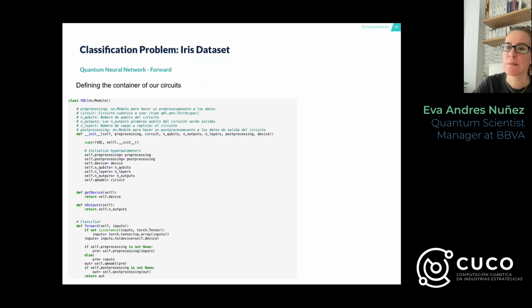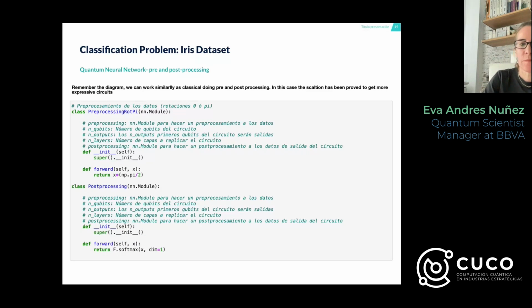Any question in this part? Okay. So as pre-processing, in this case, this is also very experimental. We tested using NumPy pi divided by 2, because my intuition said that since it's a multi-class problem, we can manage more than 2 values if I rotate between 0 and pi.